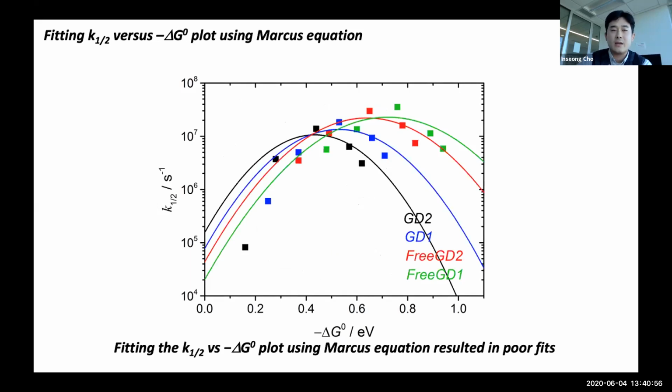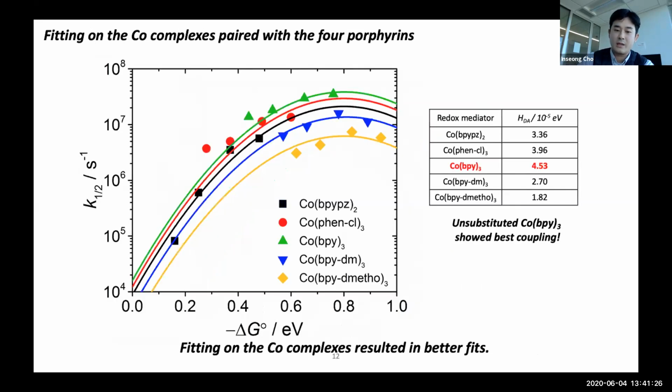Considering that this practice is one of the commonly employed in electron transfer studies to identify a driving force dependent electron transfer rate, by fitting decay rates of one surface bound molecule paired with different donor molecules, it seems that this practice is invalid in our system. So we needed to try it another way.